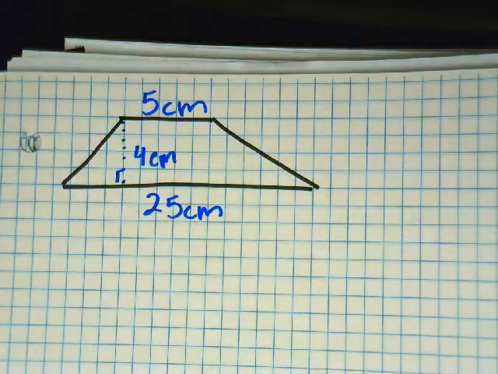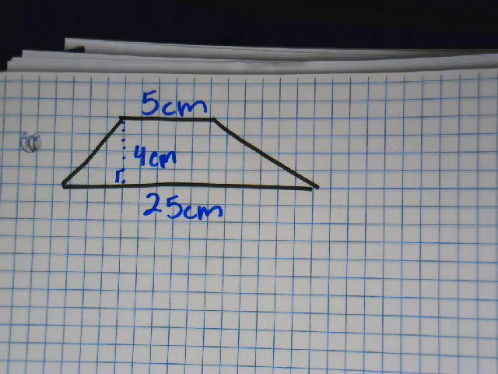All right, 5, 4, 25. Traditional trapezoid. Okay, now let's plug in our numbers.